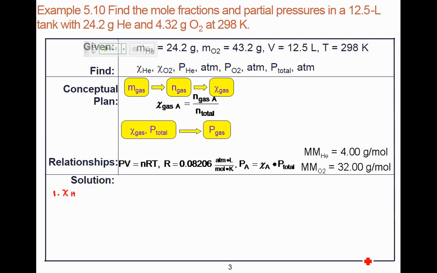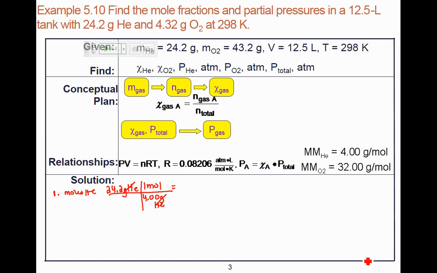So our mole fraction of He, we're going to find our moles of He. We were told that we have 24.2 grams of He. And using our molar mass, 4 grams of He, grams go on the bottom so they cancel out, equals 1 mole.